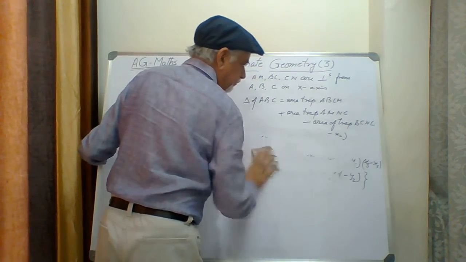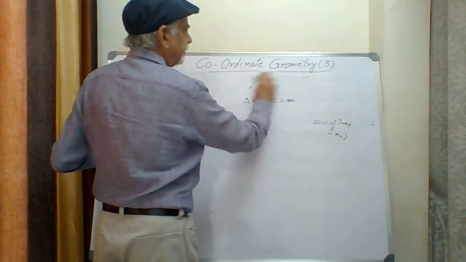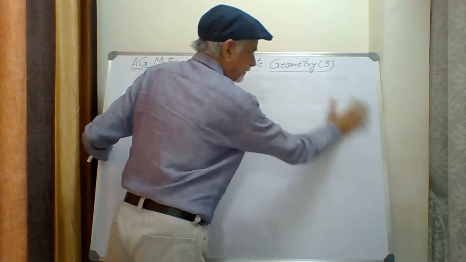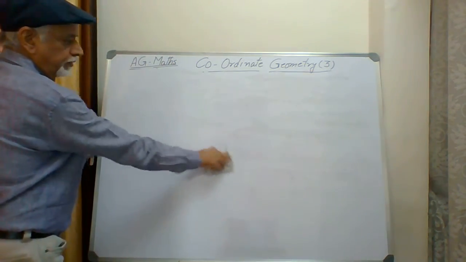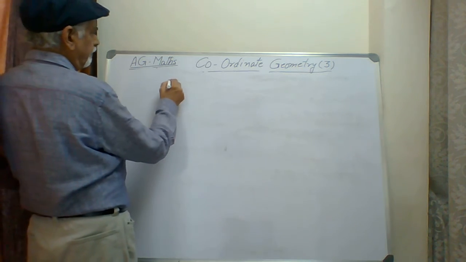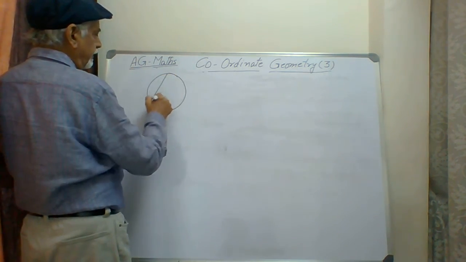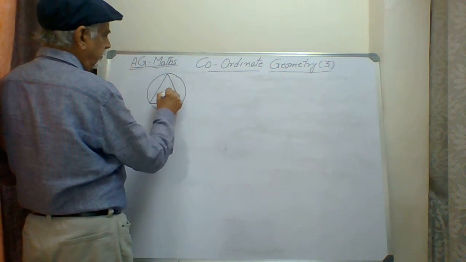Now we can also find the coordinates for the incenter, circumcenter, orthocenter of a triangle, provided you know the definitions of all those. Now, circumcenter. What is circumcenter? The triangle is inscribed in a circle.